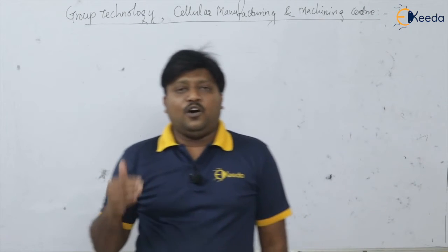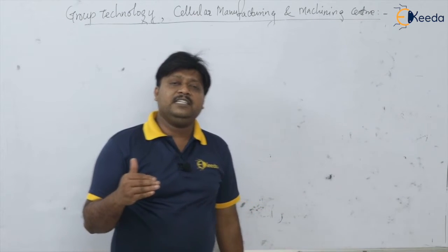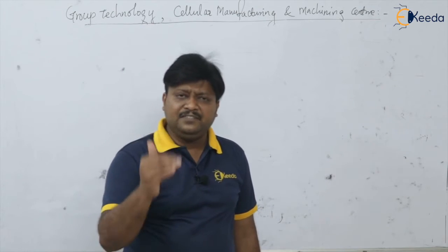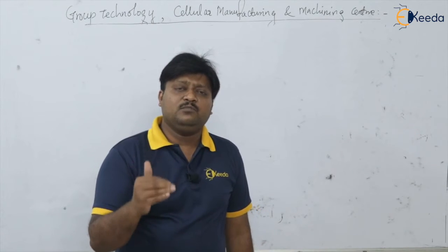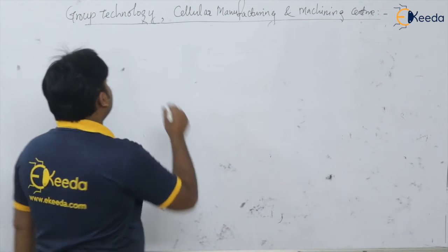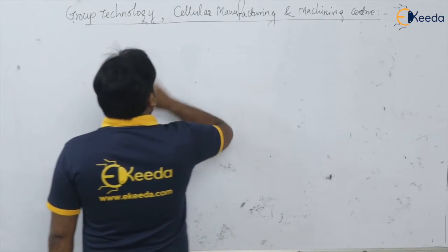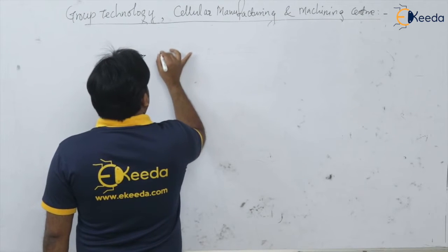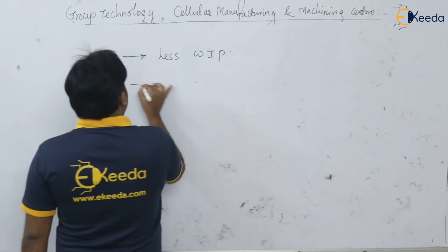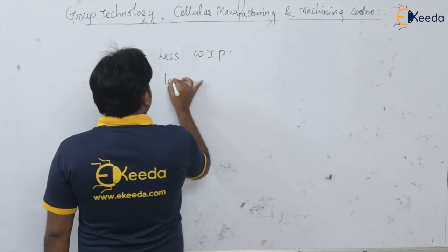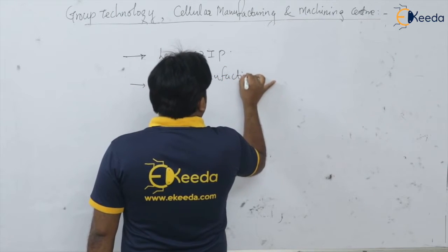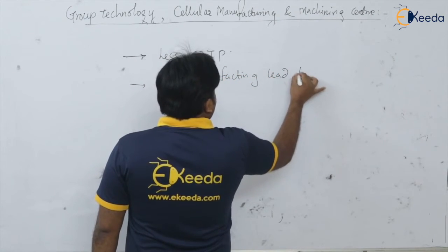And see, the objectives of cellular manufacturing, or rather benefits, are same as the benefits that we are getting from the group technology. So what are these benefits that we are going to get? There is less work in process inventory. Okay, so less manufacturing lead time.